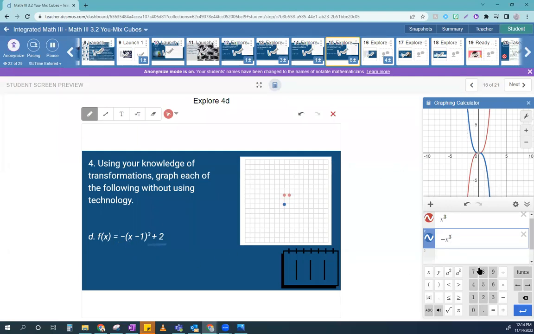The thing that confuses students right now is, is there an order to our transformations? The answer is yes, kind of, as long as you make it make sense.